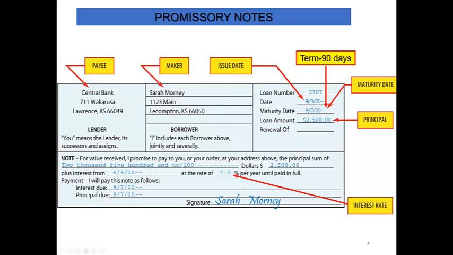And the date it was issued along with the due date, that's also called the maturity date. The term is not specifically listed, but you can figure out the term by counting the number of days from the date of the note to the maturity date. The principal here is listed along with the interest rate, and notice we've got Sarah's signature here.